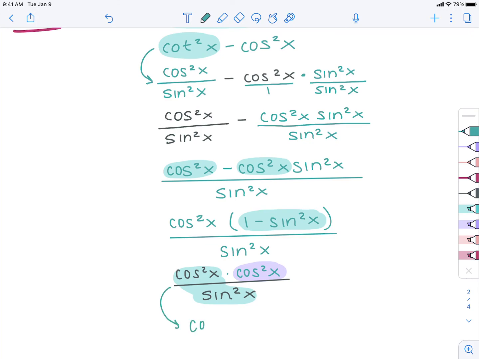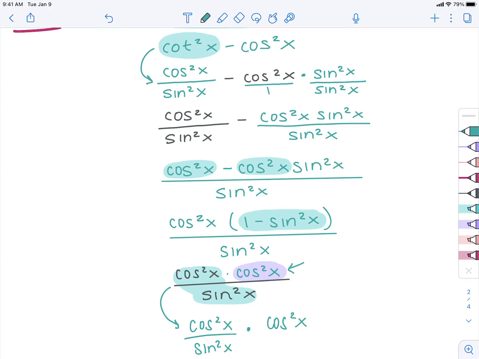We can separate it. So we have cosine squared x over sine squared x times cosine squared x. I just pulled this cosine out of the fraction. I separated it. It's still exactly the same thing, because if I put this over 1 and multiplied it back together, I'd be back to where I was.